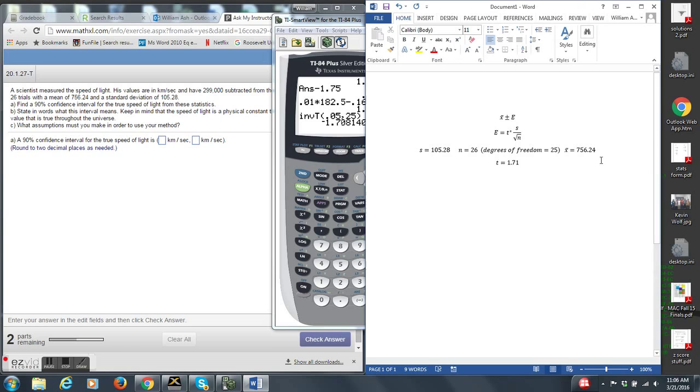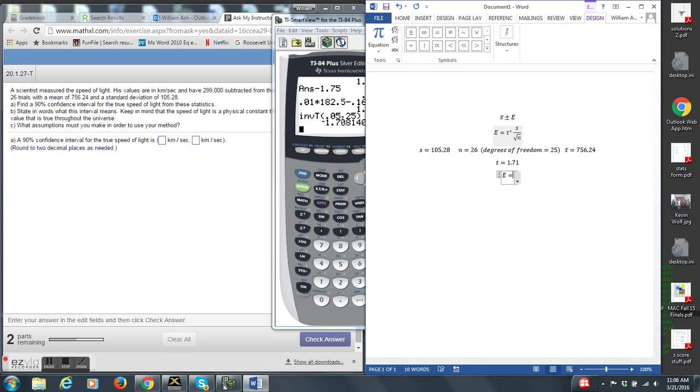All right, so now it's just a matter of putting everything back in here. So let me just type everything in. E equals 1.71 times S, which is 105.28, divided by the square root of my n, 26.